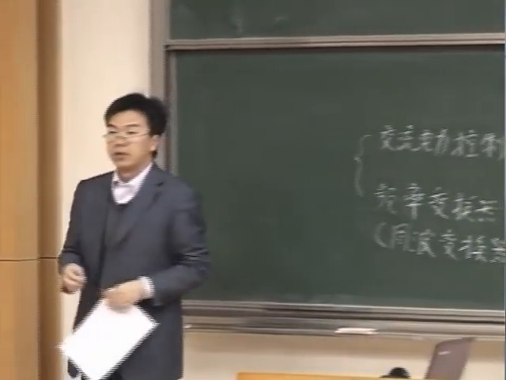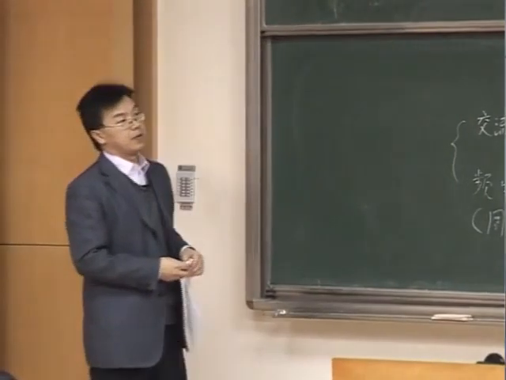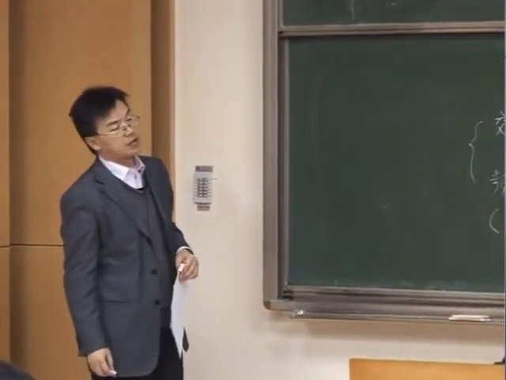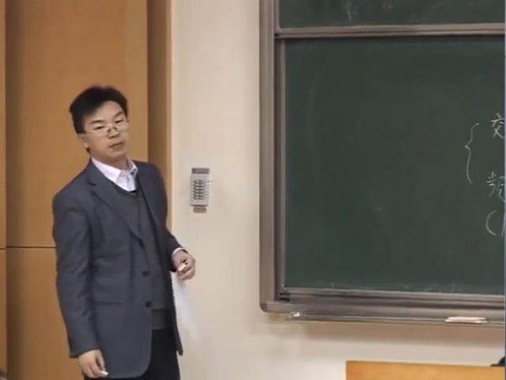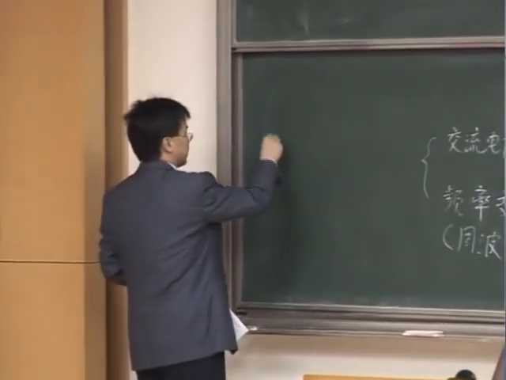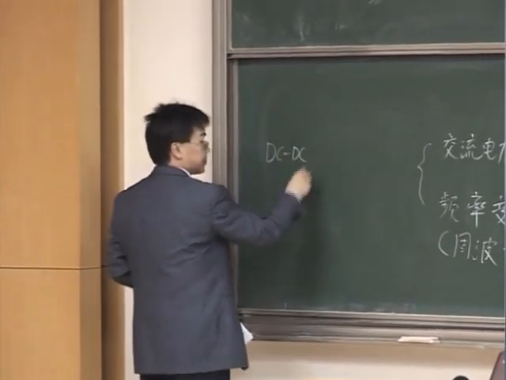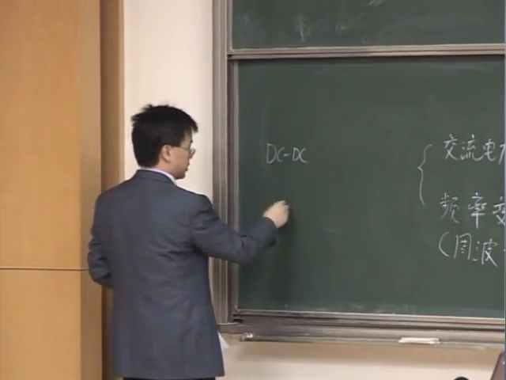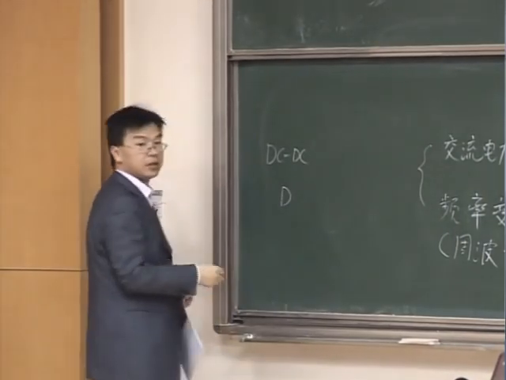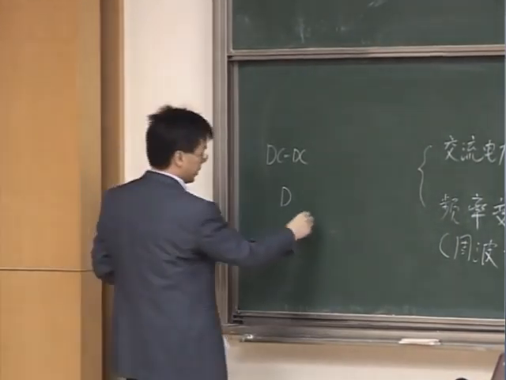The typical power converters we have seen that employ PWM control are DC to DC converters. If you still remember, for DC to DC converters, we always control the duty cycle, right? By controlling the duty cycle, we can adjust.